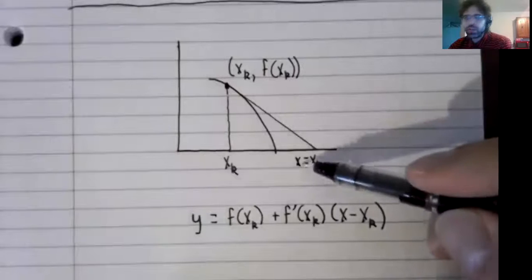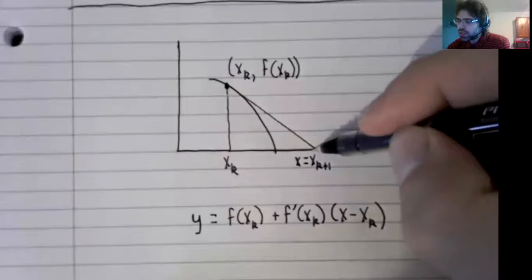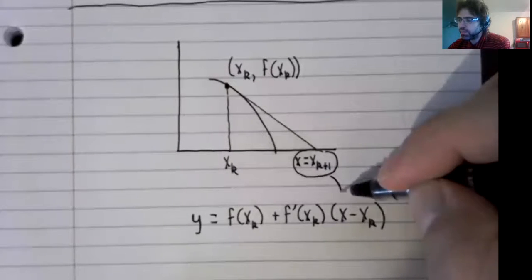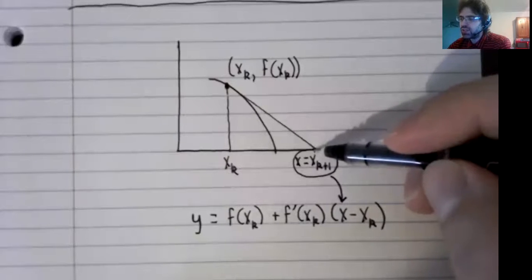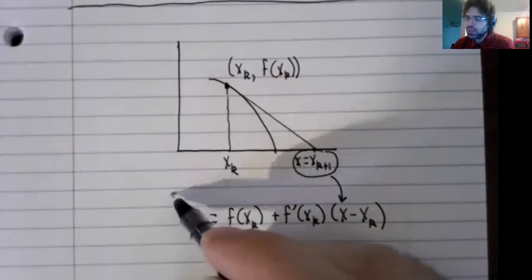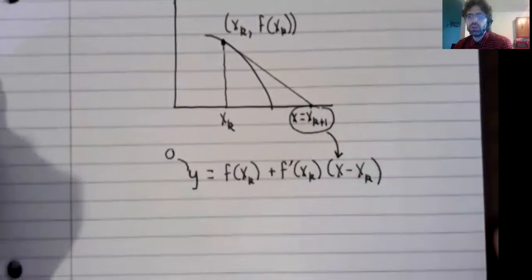We are looking for this value, x equals x sub k plus 1. And at this value, y equals 0.